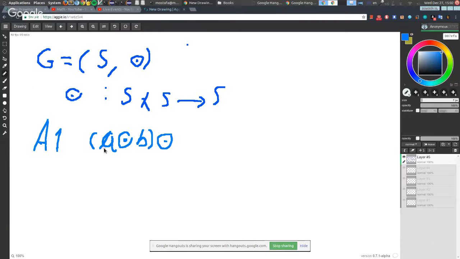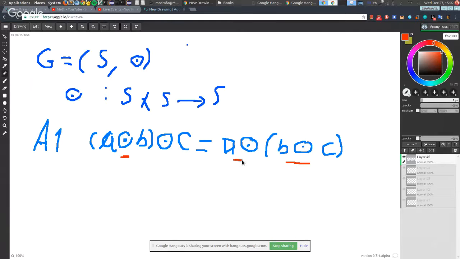If we apply the operator between A and B, and then apply it on the result with C, it should be the same as applying it in the other order. In one case we execute this part first and then this one, but in the other we execute the opposite part first.